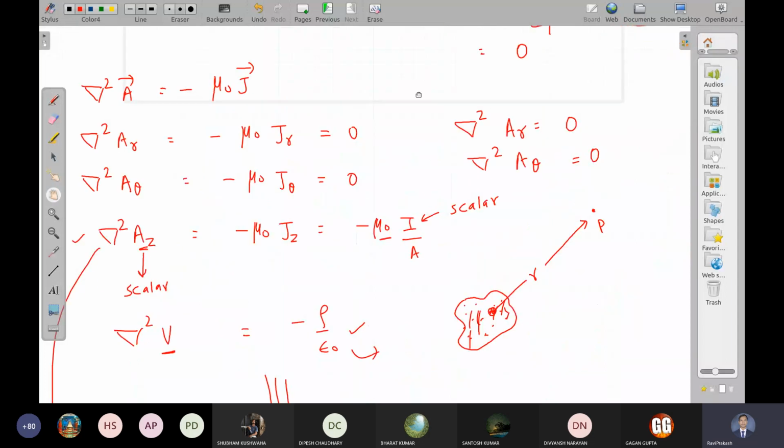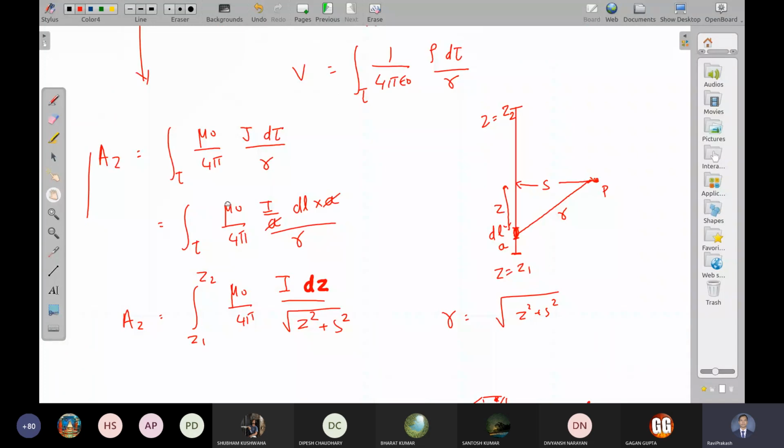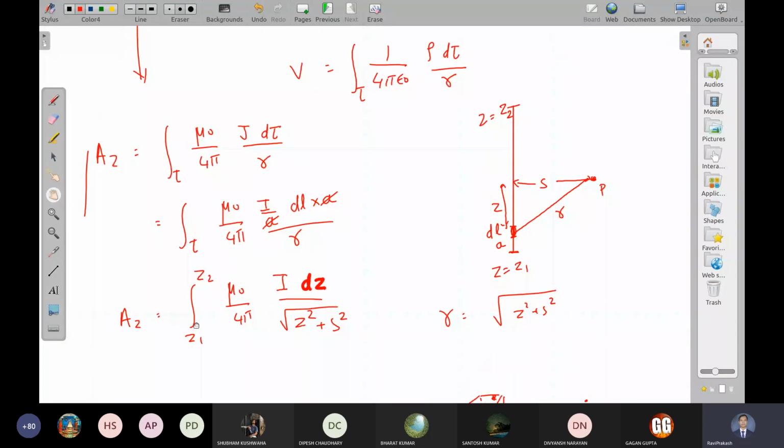One simplest answer is this. So this is the complete answer: AR 0, A theta 0, and this is the variation in AZ. Is it clear? Yes.